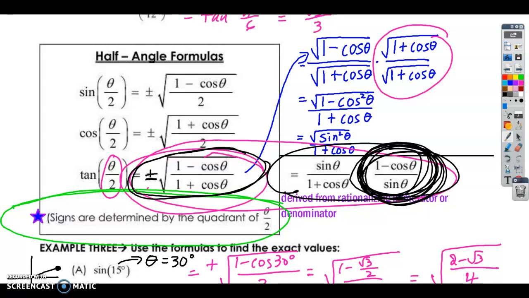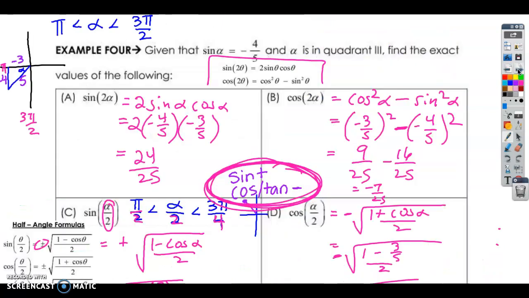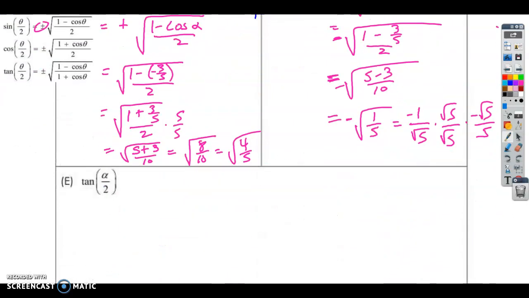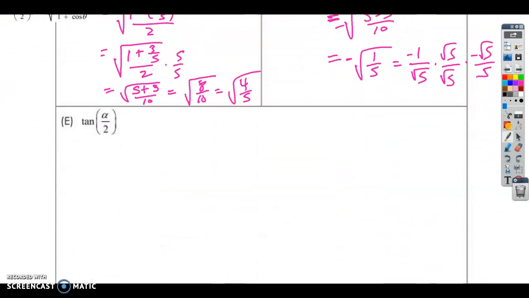Because they're all going to give us the tangent of alpha over 2. So 1 minus cosine over sine. I don't have to worry about whether it's plus or minus. I would if I had chosen the first formula. So that's going to be 1 minus cosine of alpha over sine of alpha. Let's go ahead and throw the numbers in that we know.